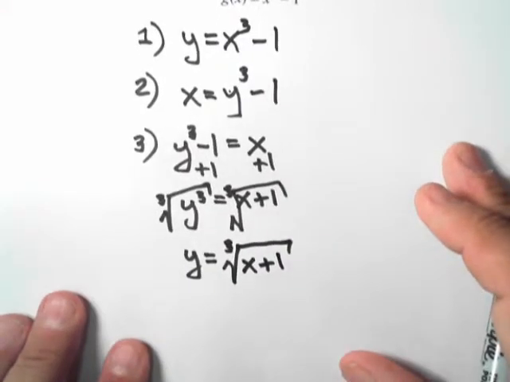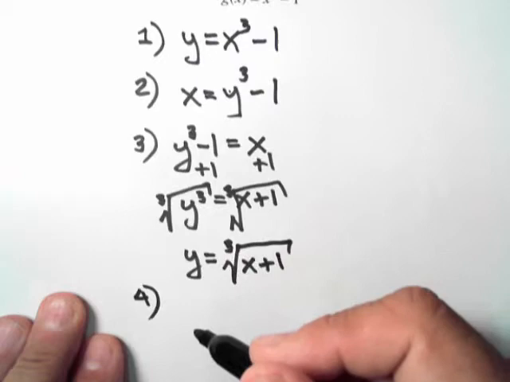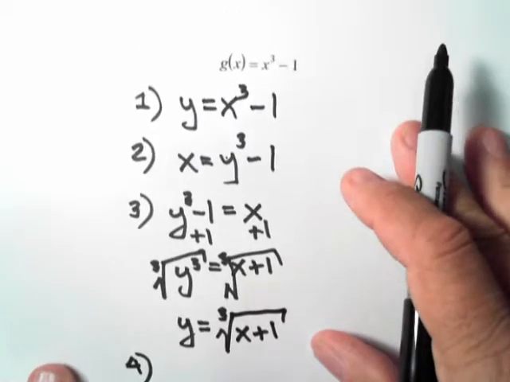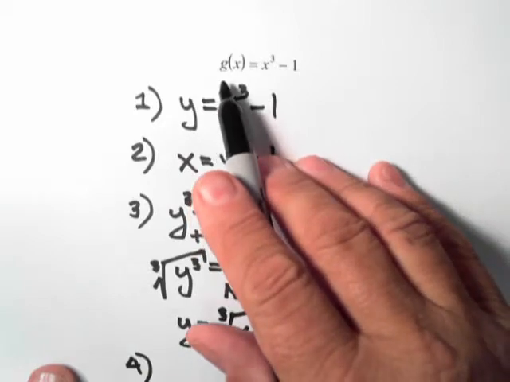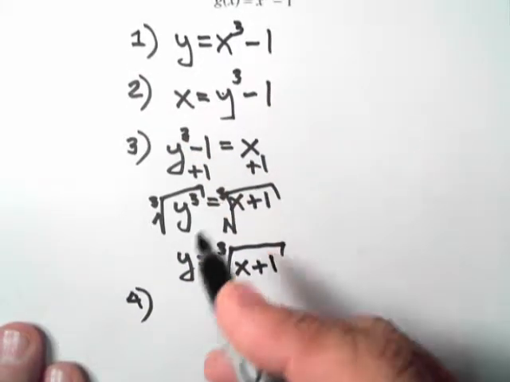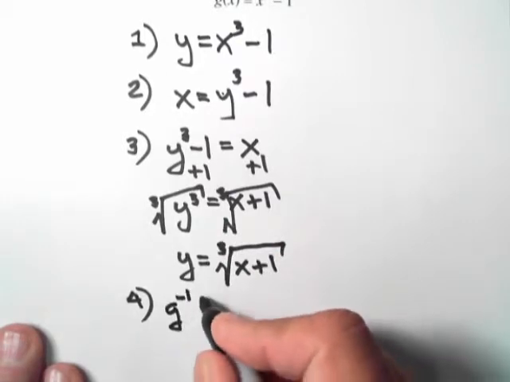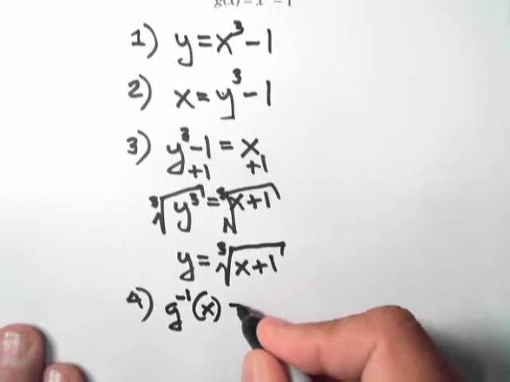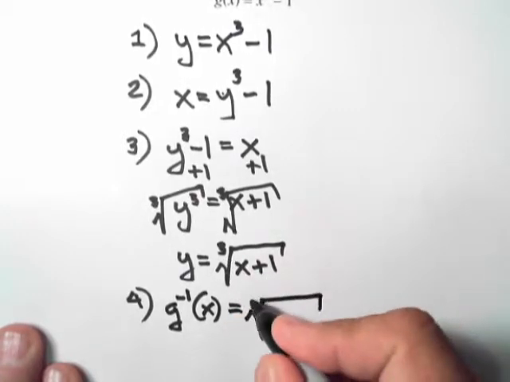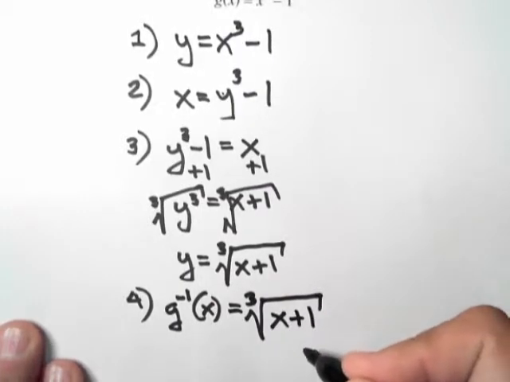Now, the only thing we do in the fourth step is pretty this up a little bit, and we acknowledge then that the original function had the letter g here, right? So since this is the inverse of that function, I'm going to write this as g negative 1 of x equals, and of course the right side is exactly like we have here, the third root of x plus 1.